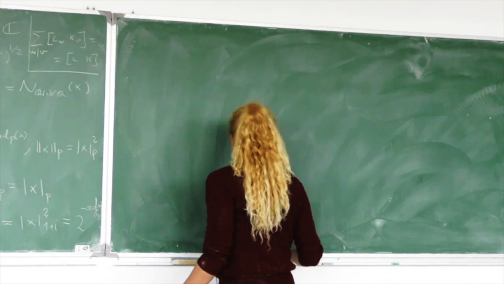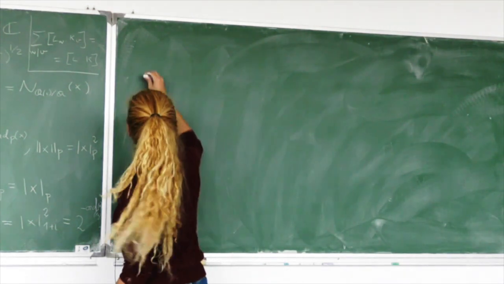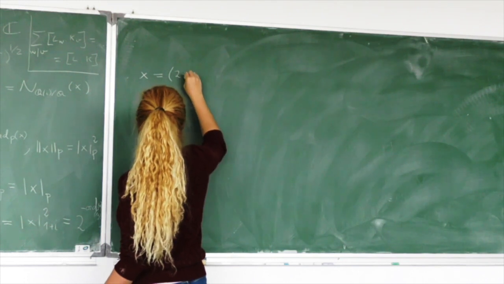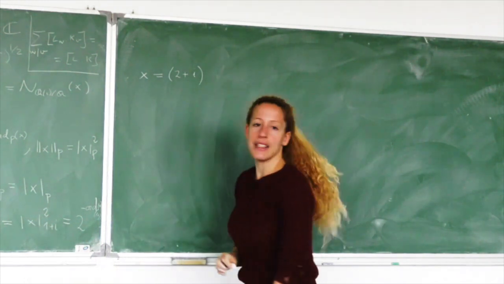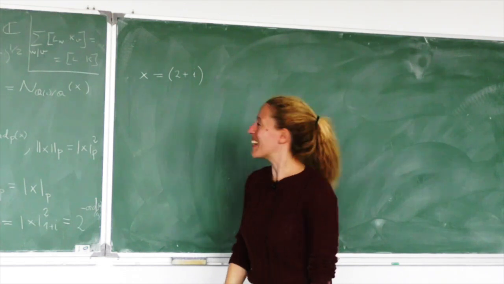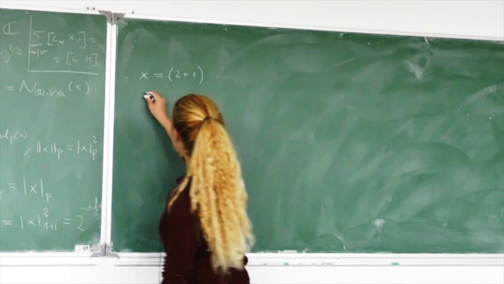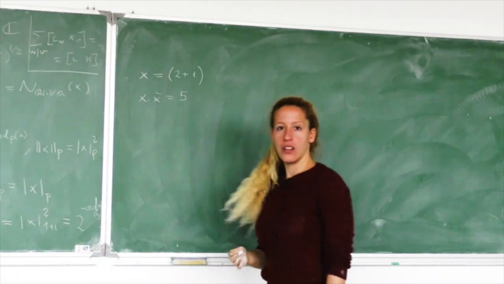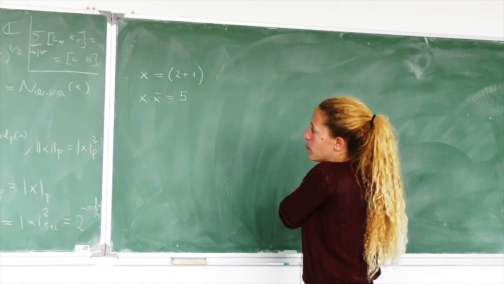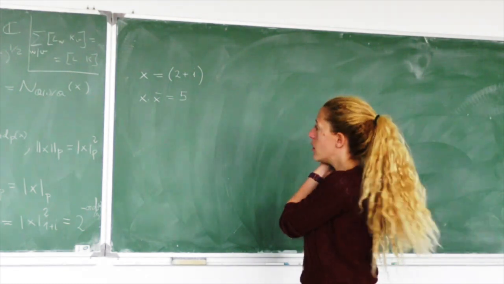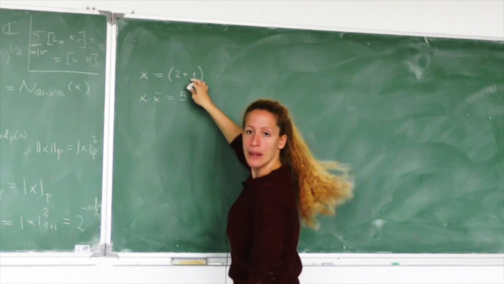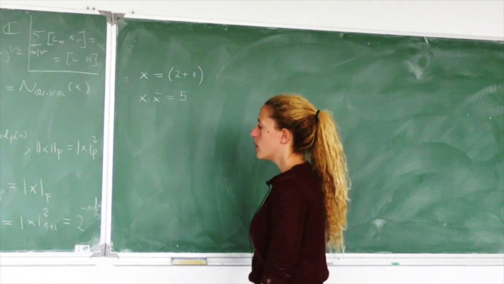Let's take, for instance, x equal to 2 plus i. If I take x equal to 2 plus i, notice that its norm is equal to 5. So actually the only prime that is dividing x is this one. This is a prime ideal in Q(i), right?